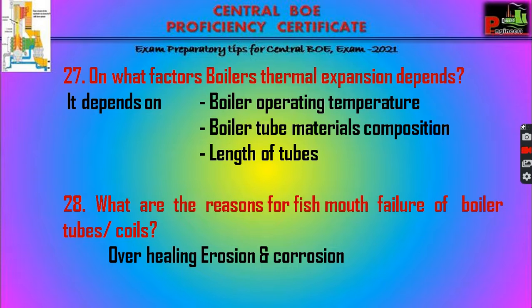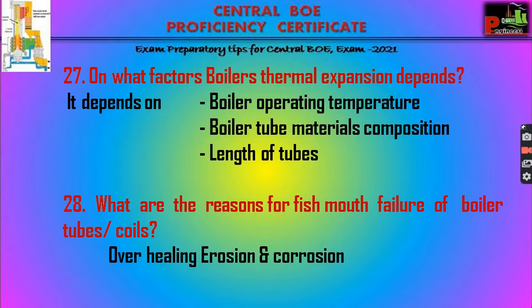So if boiler metal temperature is approximately 500 degrees centigrade and boiler height is, suppose, 60 meters, then the expansion is around 300 mm. This is roughly a thumb rule. So 300 mm, the boiler pressure part will expand towards down.